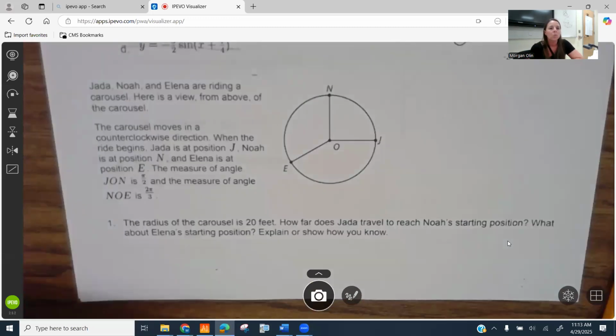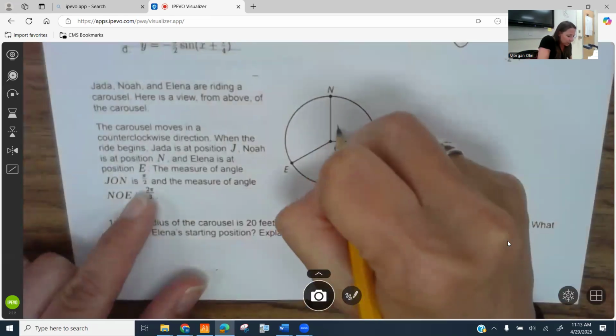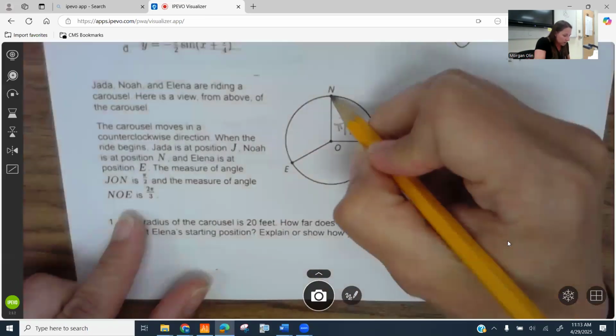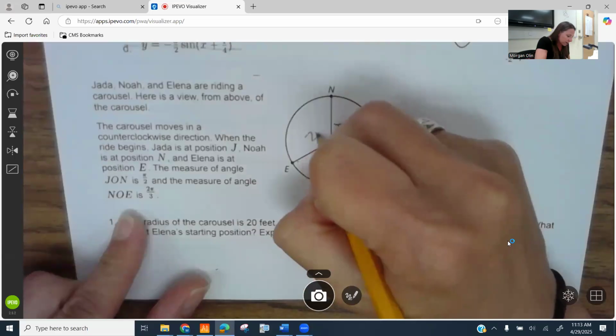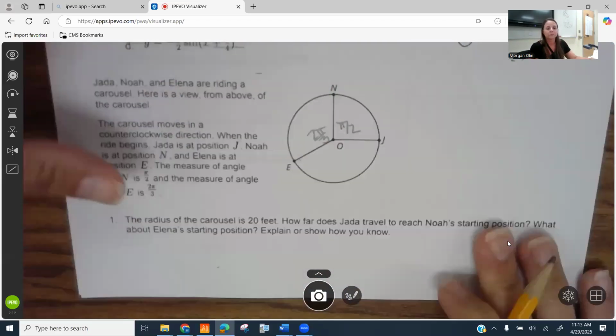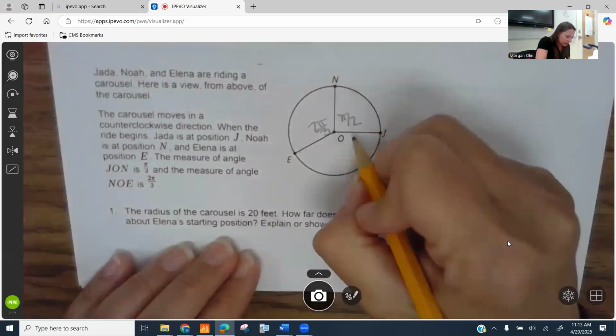When the ride begins, Jada is at position J, Noah is at position N, and Elena is at position E. The measure of the angle JON is pi over 2. The measure of angle NOE is 2 pi over 3. So just know that. The radius of the carousel is 20 feet.